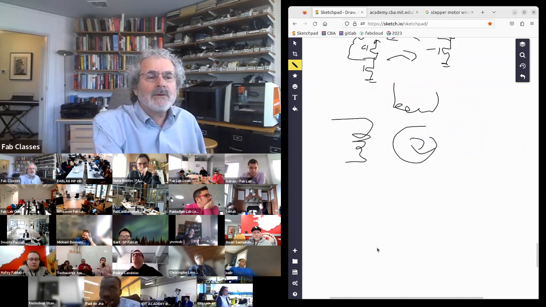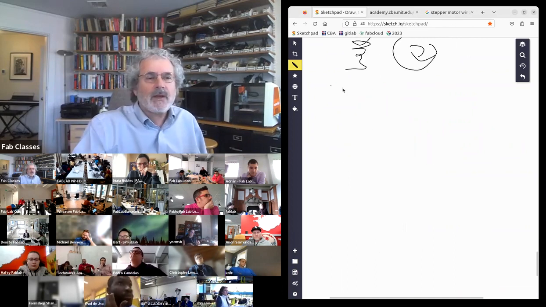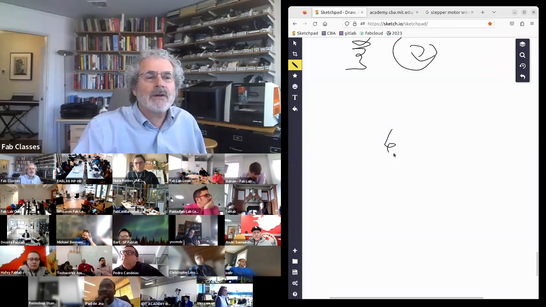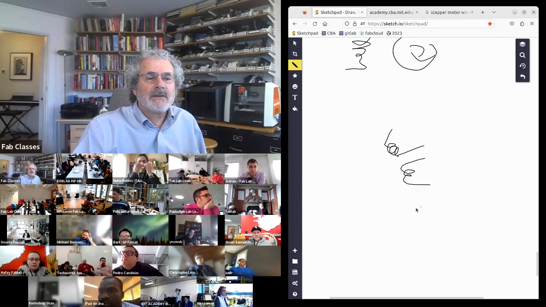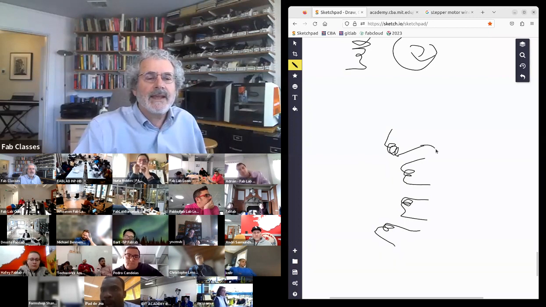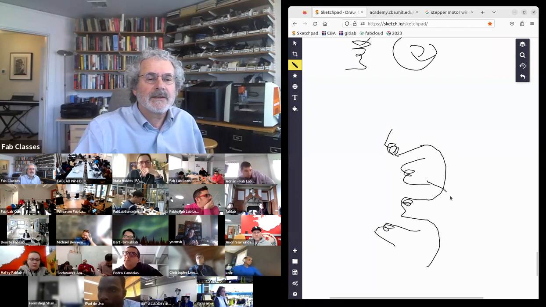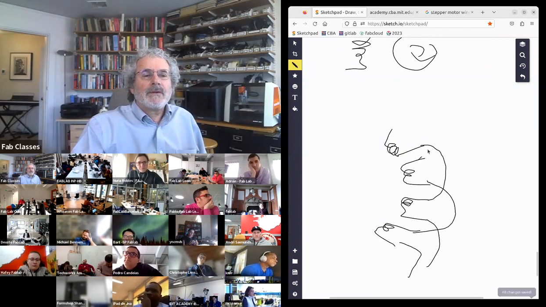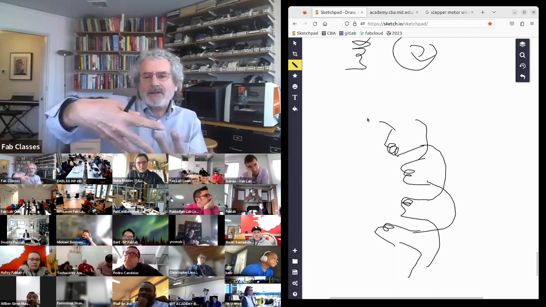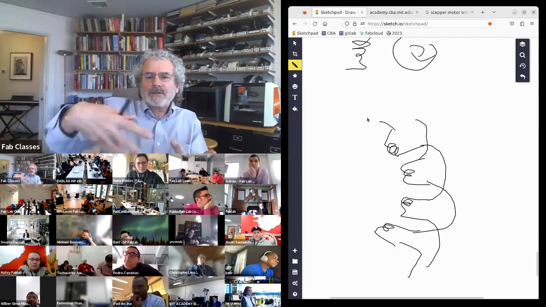But the way they're wound is there's one coil like this. And then these are connected alternating. So there's two interdigitated sets of coils.